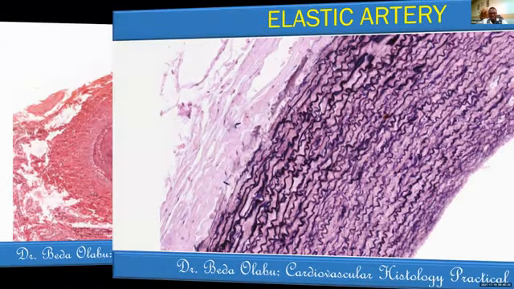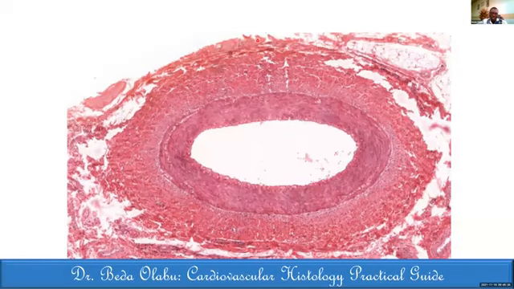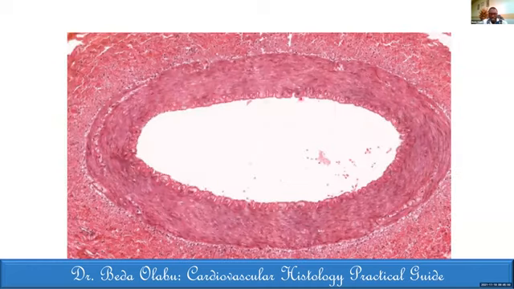But let's look at this one. So this one, the tunica adventitia is really prominent, as we can see. That's the tunica media, and the internal elastic lamina is also very prominent. I can see it even at that magnification there. Maybe this magnification shows the internal elastic lamina better. We can see that wavy thing.